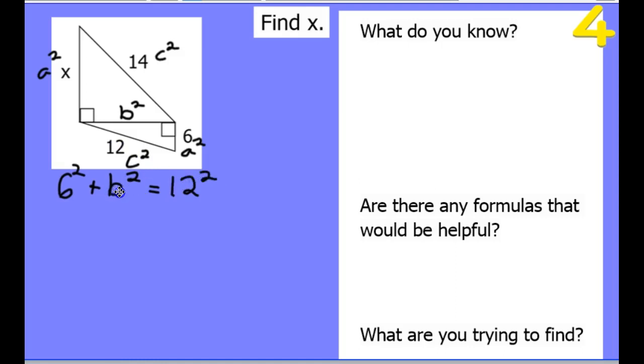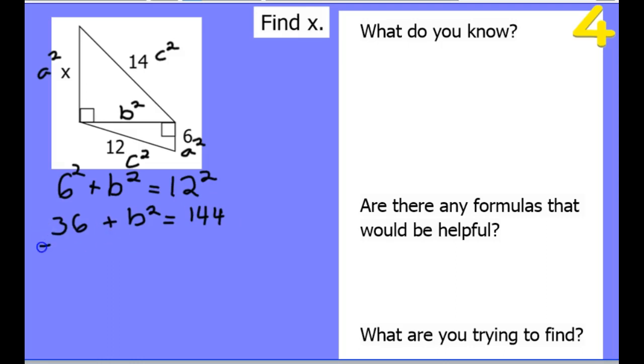So to find what b squared is we need to do 36. 6 squared is 36 plus b squared equals 144.